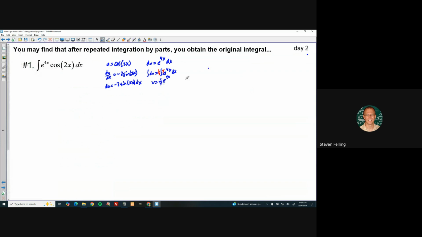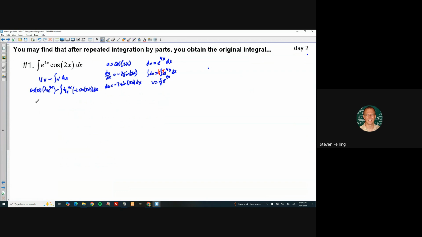Okay, and then we'll plug into uv minus integral v du. So the u times v is cosine of 2x times 1/4 e to the 4x. And then the minus integral of v, which is 1/4 e to the 4x, times the du, which is negative 2 sine of 2x dx.